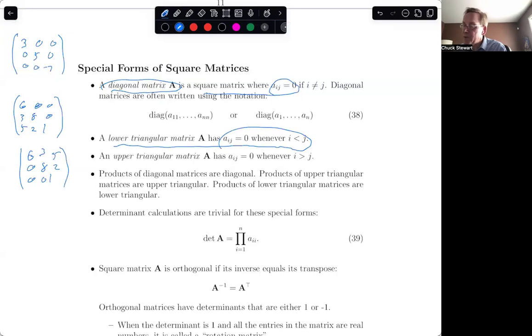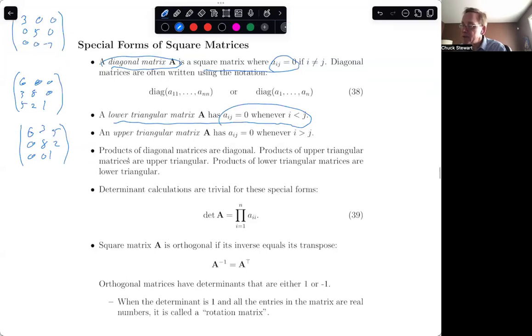Nice properties: products of diagonal matrices are diagonal. It's pretty easy to prove.